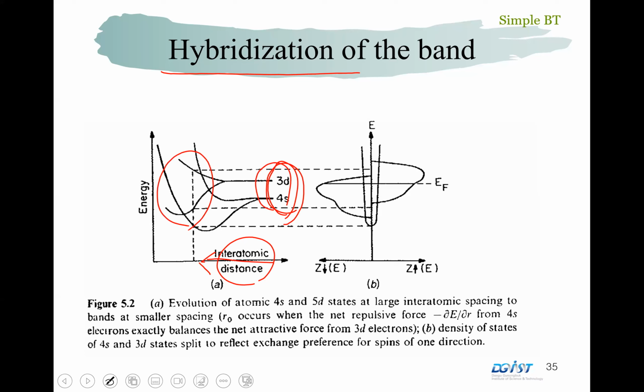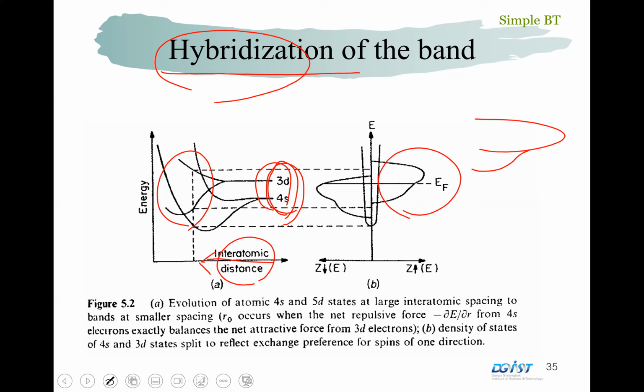And as you see in this band diagram, it's not just like this, but we have such mixing. This is what we call hybridization. So many bands have such hybridization of S or D, depending on the details.